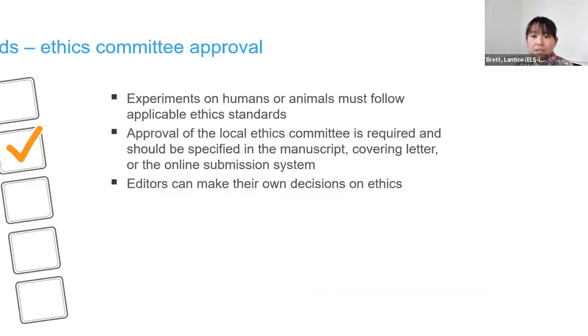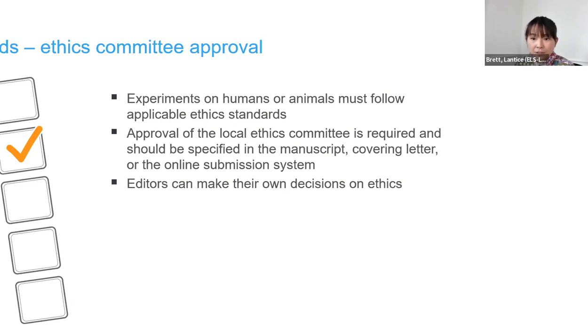And if your work involves experiments on humans or animals, it must follow applicable ethics standards, such as the most recent version of the Helsinki Declaration or relevant animal experimentation guidelines.